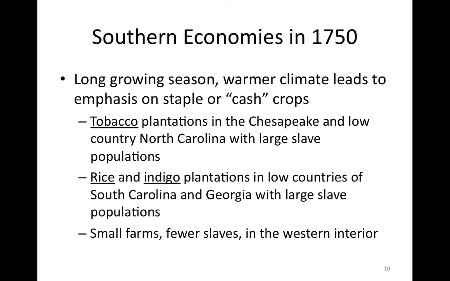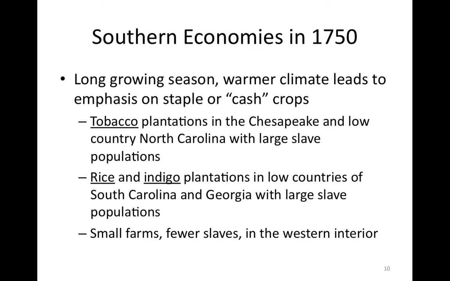So, what can we say about the economies of the southern colonies in 1750? There were some differences, some very important differences, like I've already kind of alluded to, but there were also some similarities. Like Virginia and Maryland, the Carolinas and Georgia were in a warm climate, and much of that land was suitable for the production of staple or cash crops.